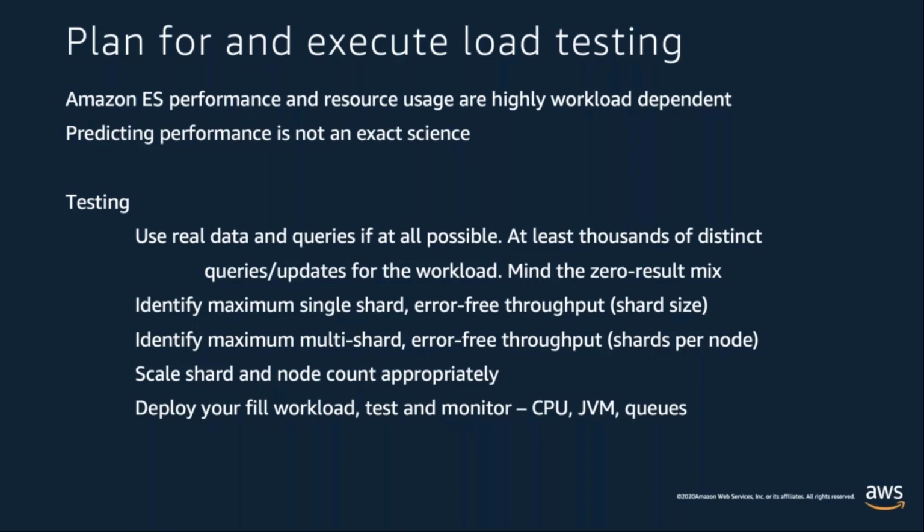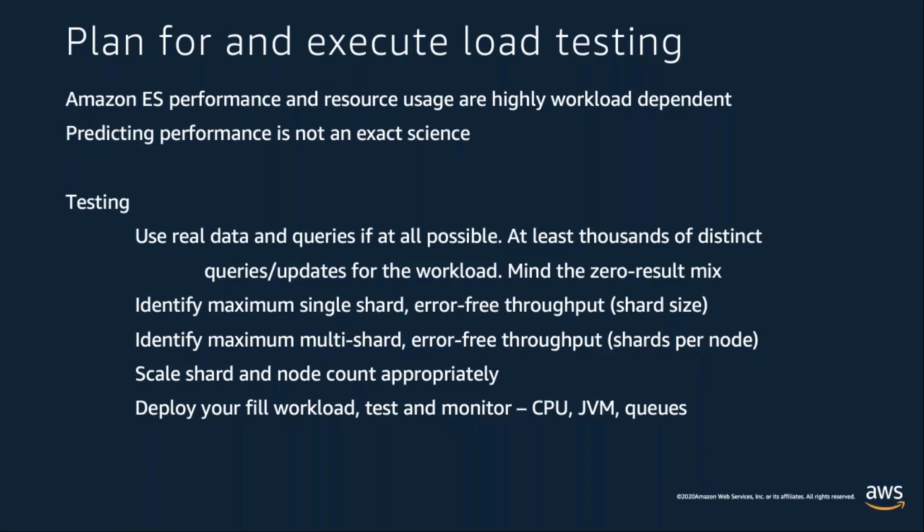We need to have at least thousands and better millions of distinct queries and updates to really measure the workload. It's important that if you're doing simulated data, you don't generate a lot of queries that send you 0 results. That's unrealistic, unless that's how your workload actually is. You want to be careful that your queries are generating results that are more or less like the results you're expecting to get.